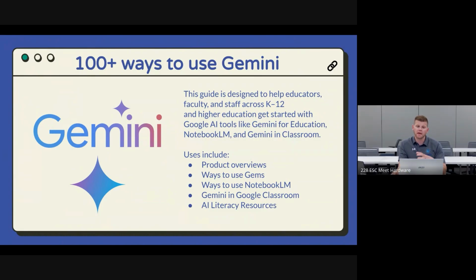I want you to know that Gemini is a part of Google's core services. So this is a safe place for your students to go if they want to use AI tools, as well as if you wanted to work with student data, Gemini would be a place that you could go to make that happen.